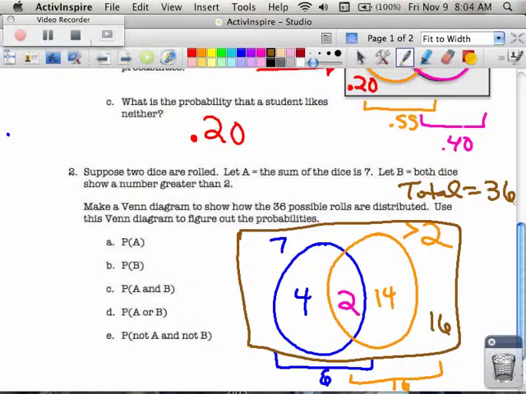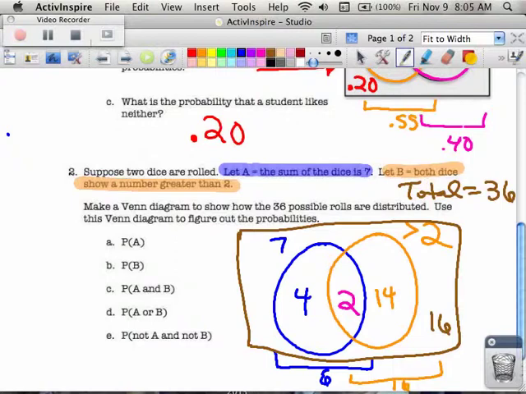So now what we want to know is, what's the probability of A occurring? So if you don't remember, A was the sum is 7 from the blue, and B was both dice are showing a number bigger than 2. And all we really care about in this first question is, what is the likelihood that we're showing something coming just out of the blue circle? 4 out of 30?